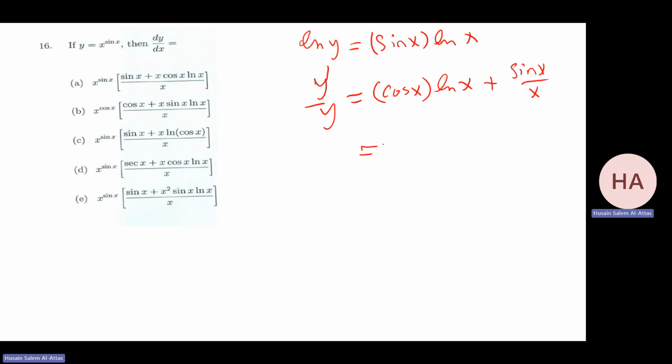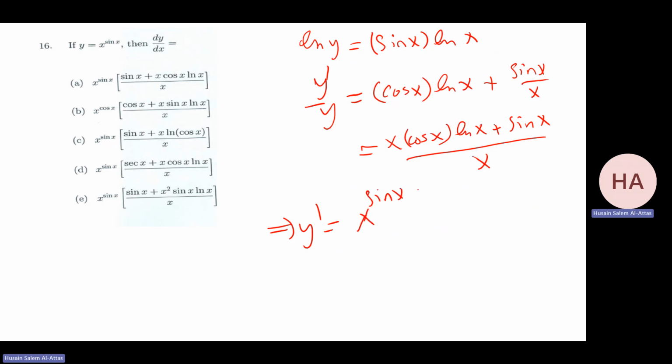In other words, y prime will be y, which is x to the power sine x, times this, which I can make it cosine x ln x plus sine x over x, which is this one.